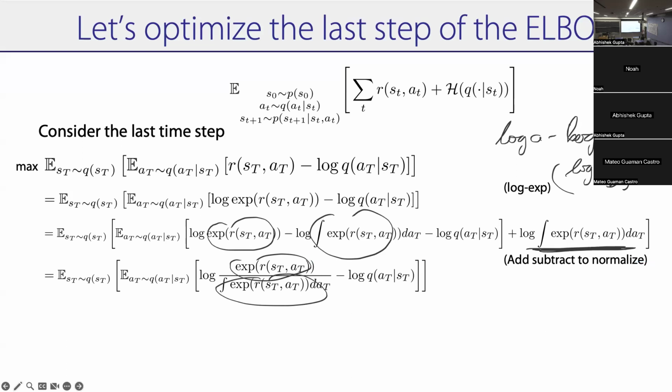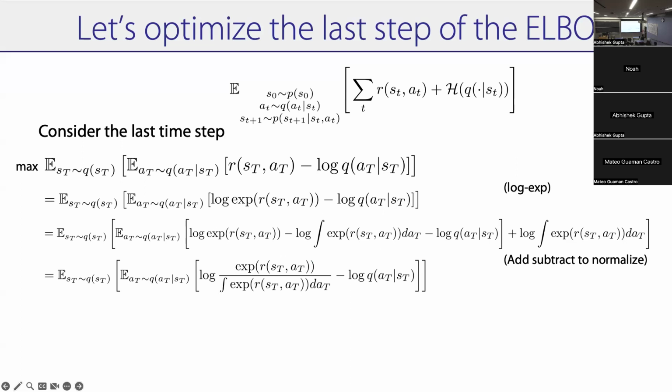So we're just going to ignore it for now. That's why I've dropped it in this term. And so all we've done here is we've added and subtracted, and then we've done log a minus log b is log a over b. But now the nice part is that this is a proper probability distribution because it integrates to 1, right? That's positive. And if you look at this carefully, this starts to look like a KL divergence now, right?